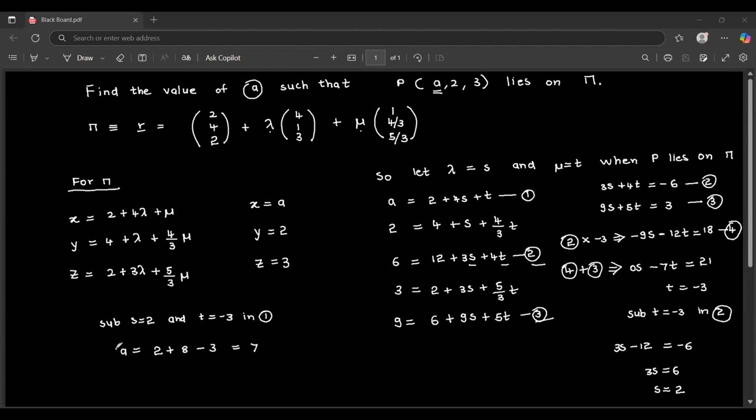So now we know A is equal to 7. So point P can be given as (7, 2, 3), so the vector OP can be given as (7, 2, 3). That's all you have to do.